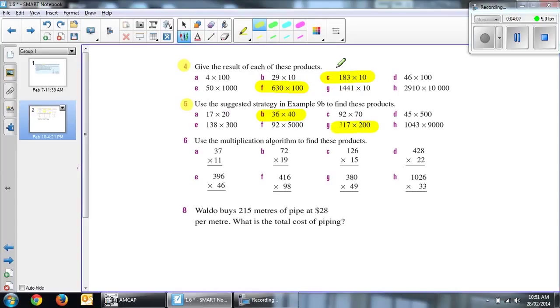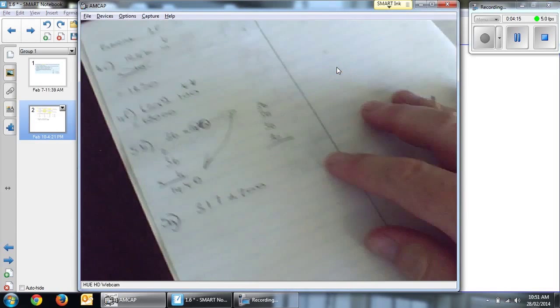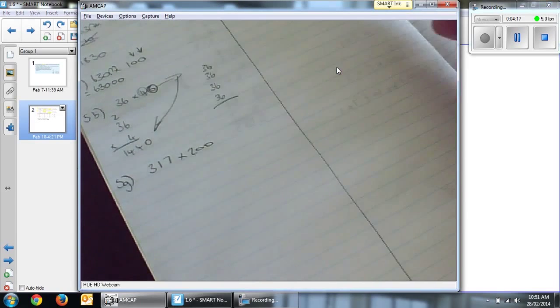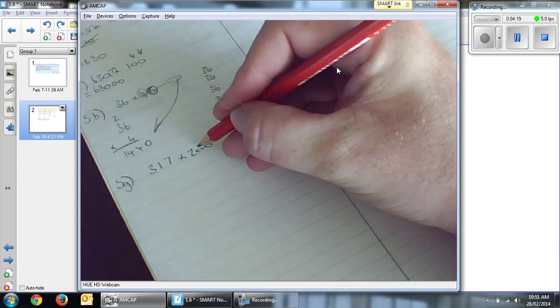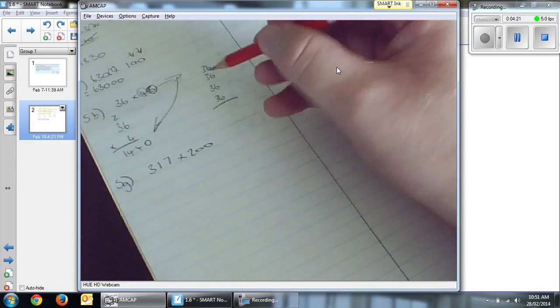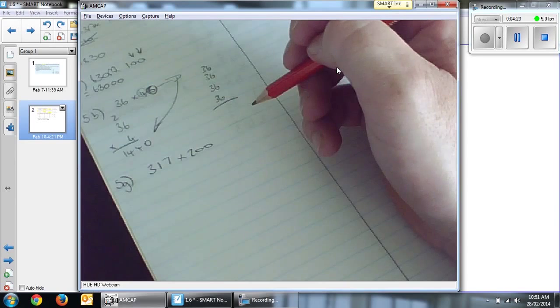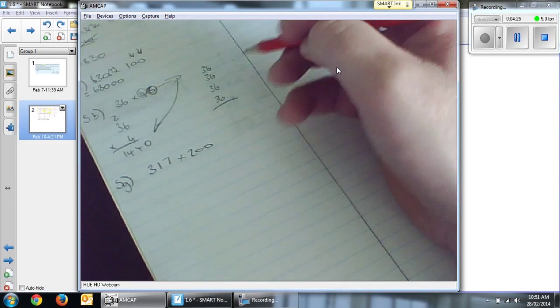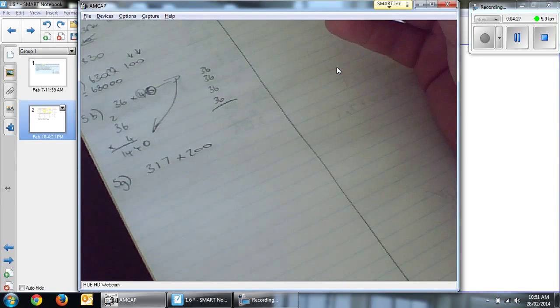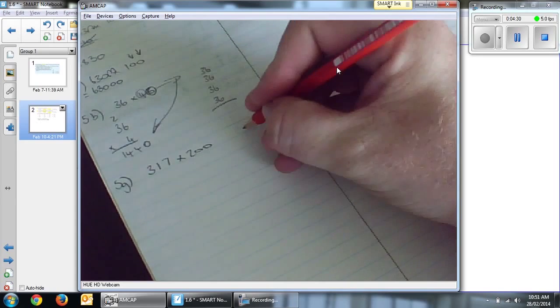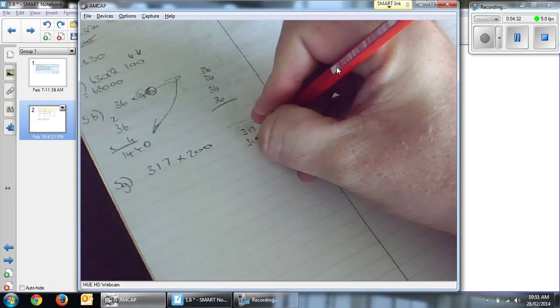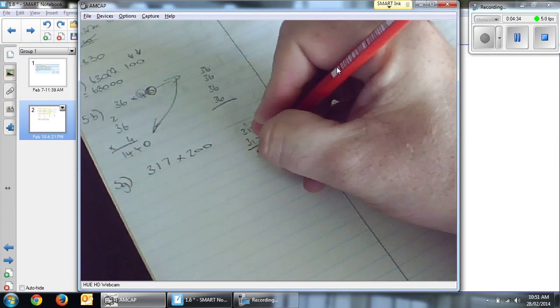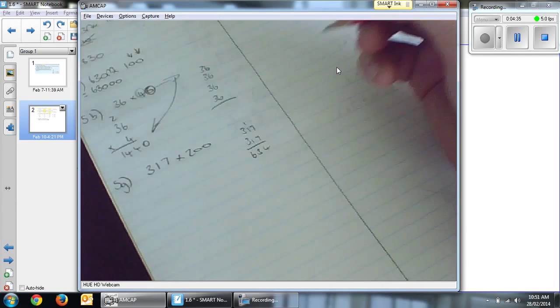Okay, let's have a look at one of the more complicated ones from here, even though they're all quite simple, really, if you use that strategy. So 5G is 317 times 200. And in 5G, once again, let's just get rid of these two zeros. Let's forget about them at the moment and do 317 times 2. Once again, you can use the algorithm if you want. If you don't know what it is, you can add it up like this. You don't necessarily have to know it off the top of your head.